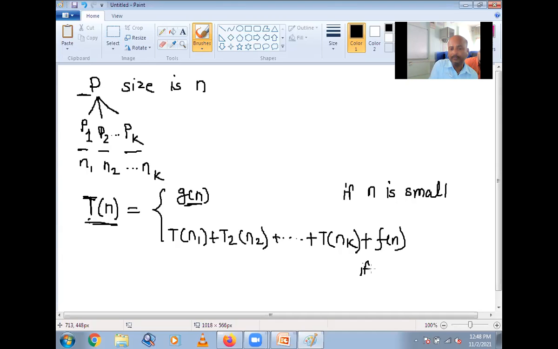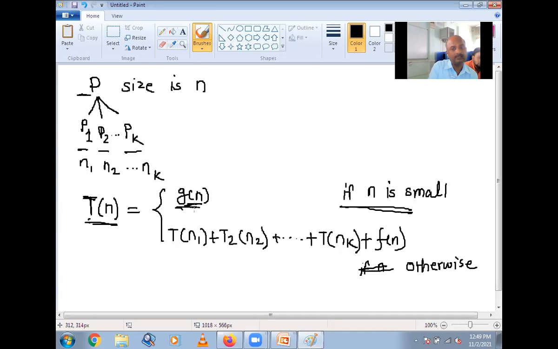If n is not small, that is n is big, we can write it as the otherwise condition. If the first condition, n is small, holds, you can directly write the answer G of n.